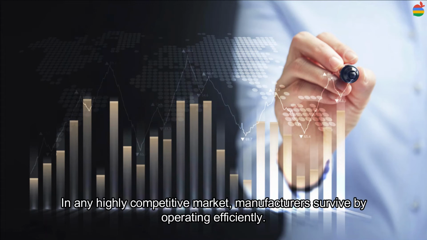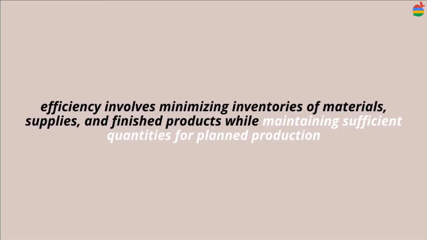In any highly competitive market, manufacturers survive by operating efficiently. In the context of material planning, efficiency involves minimizing inventory of materials, supplies, and finished products while maintaining sufficient quantity for planned production.